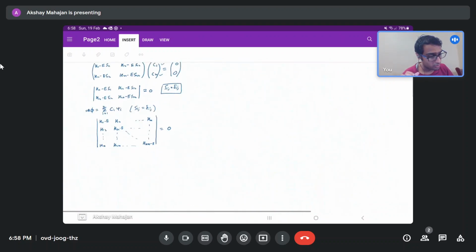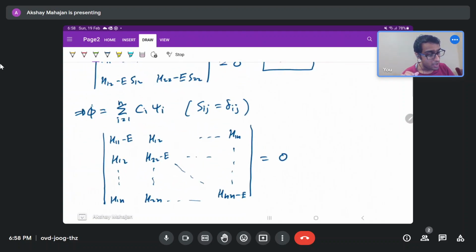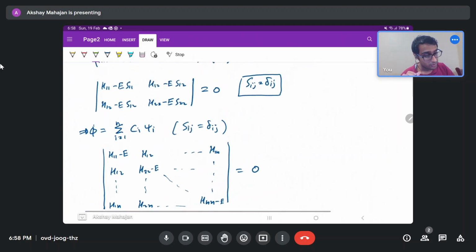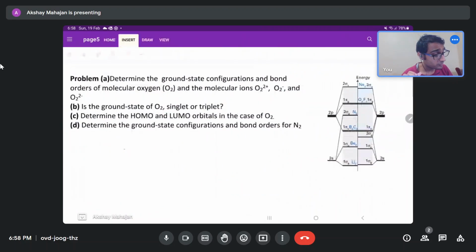But we can have n plus n determinants if we have n wave functions in the linear combination, or you can say there are n valence orbitals. Now to reduce our problem, this is the kind of approximation that I have discussed in the class.